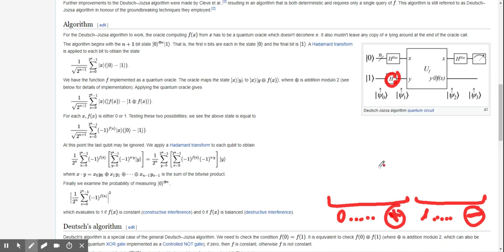Having said that, what you're doing now is the box is leaving this untouched, and it's applying the function here as a product. So it's applying it for the first qubit on each of these elements here and here.